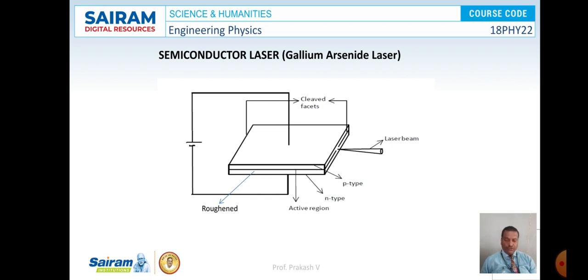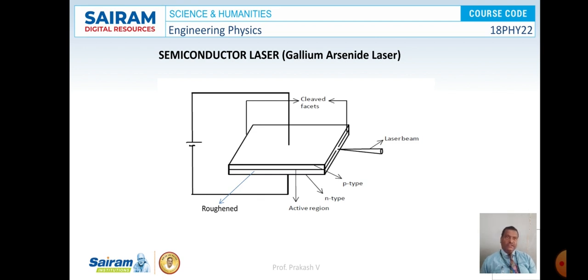If the current flowing through the diode exceeds a certain threshold value, then the number of electrons jumping from the valence band to the conduction band is great enough for population inversion to be achieved. Spontaneous emission takes place and a photon will be released due to recombination. This photon interacts with an electron in the conduction band, resulting in a stimulated emission, which gives rise to laser action.